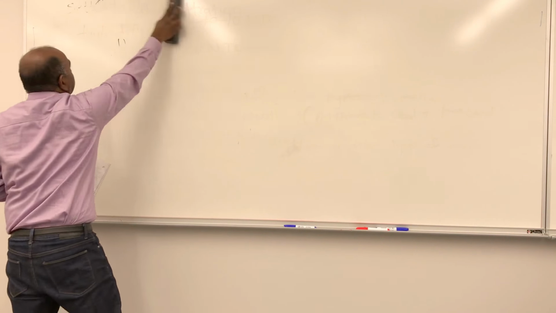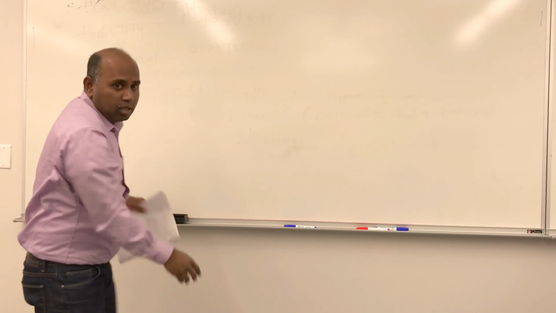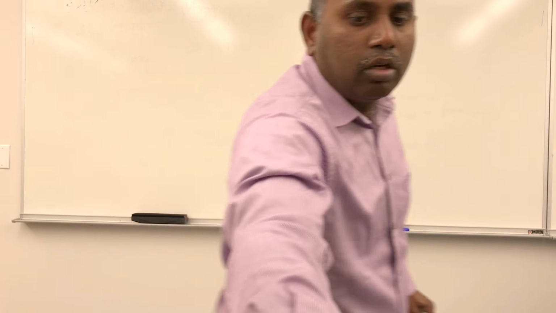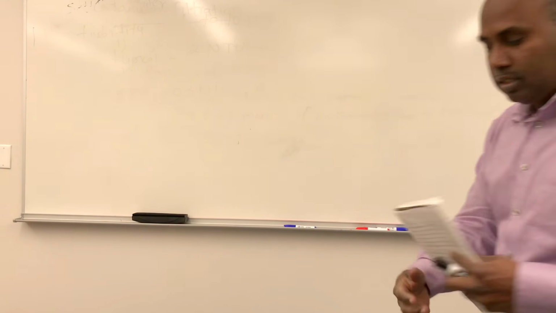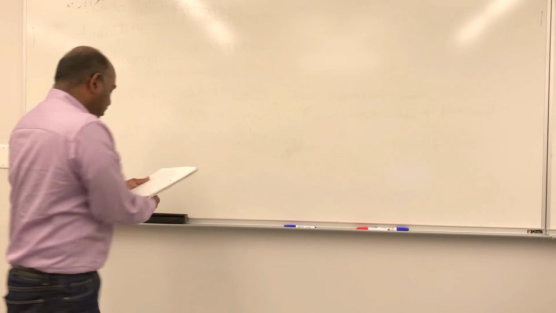We have four different mechanisms of filtration. I'm going to turn on the overhead projector. It's going to get a little noisy now. It's projector noise. So, the mechanisms of filtration.